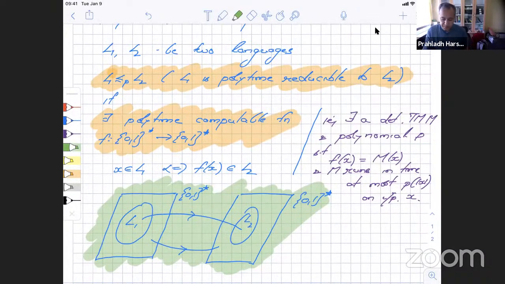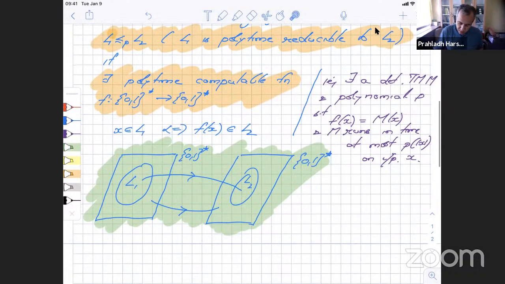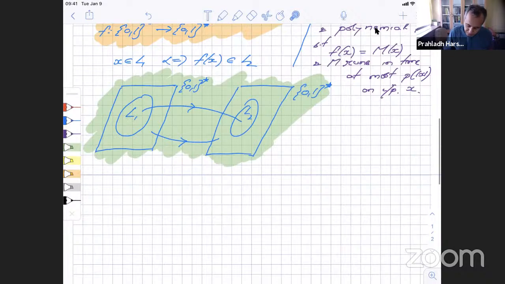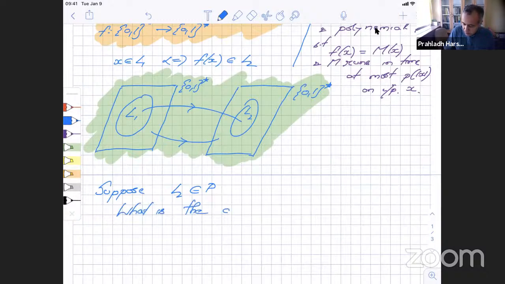Intuitively, suppose I give you an algorithm for L2, given by, say, Turing machine N. Then the algorithm for L1, say N prime, is the following algorithm.